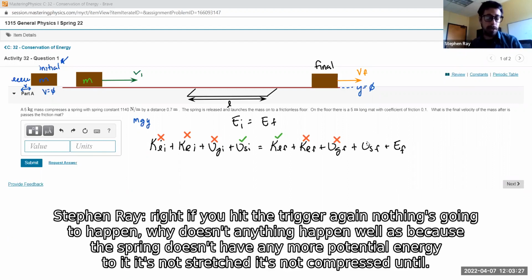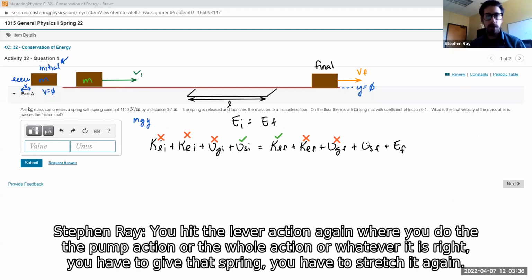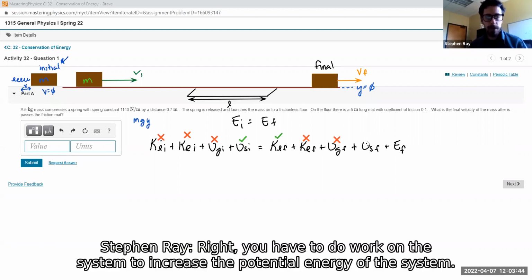Well, that's because the spring doesn't have any more potential energy. It's not stretched. It's not compressed until you hit the lever action again, or do the pump action or the pull action or whatever it is. You have to stretch it again. You have to do work on the system to increase the potential energy of the system.